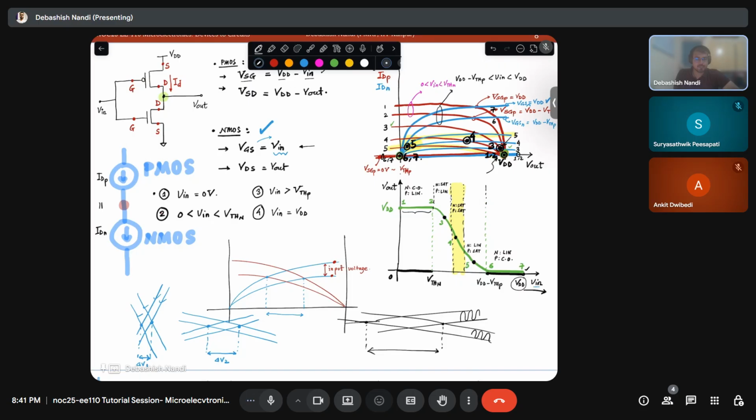So from intuition also you can tell that in my saturation region the ID-VD is flatter. That is why, if two curves cross each other for PMOS and NMOS, because the currents have to balance, I will get the most amount of voltage output, and that is why the gain is more there.